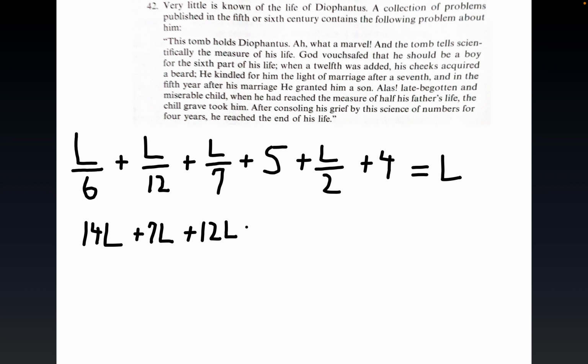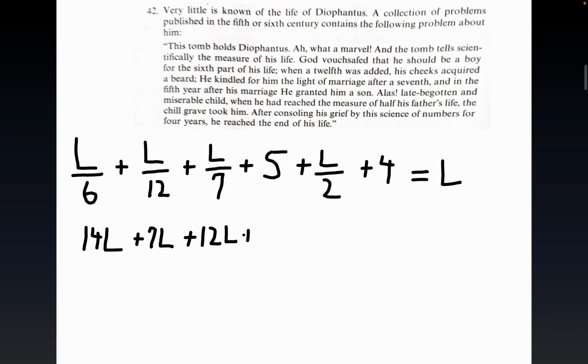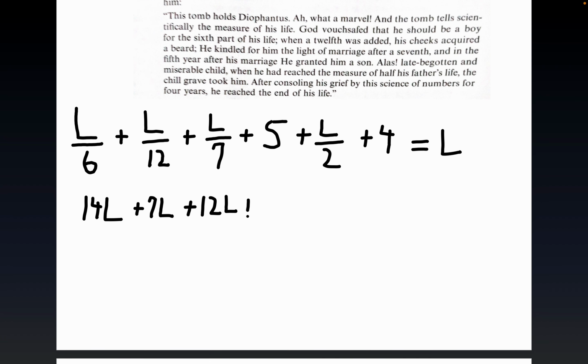So this will be plus 5 times 84, which is 420. Okay, and then 84 divided by 2 is 42, so that's plus 42L.